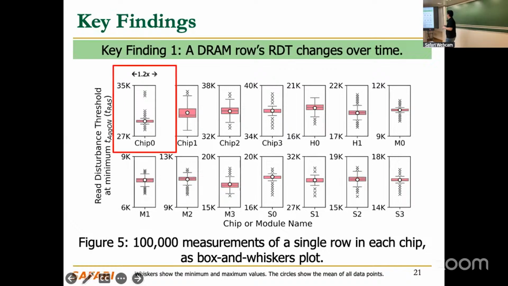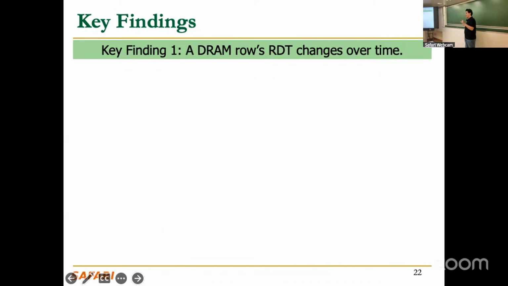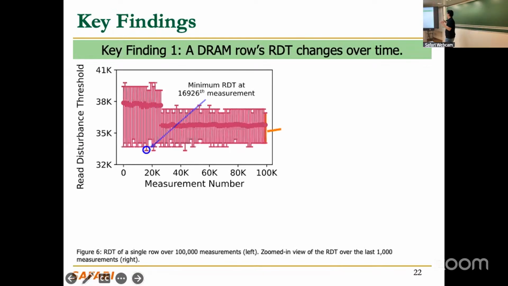And if we also divert our focus to chip 0, for example, the minimum and the maximum threshold value we calculated differs by a factor of 1.2. As such, we may also look at the characteristics of a single row within that 100,000 measurements. We have a single row here, and this row shows its minimum threshold value only after 17,000 measurements.